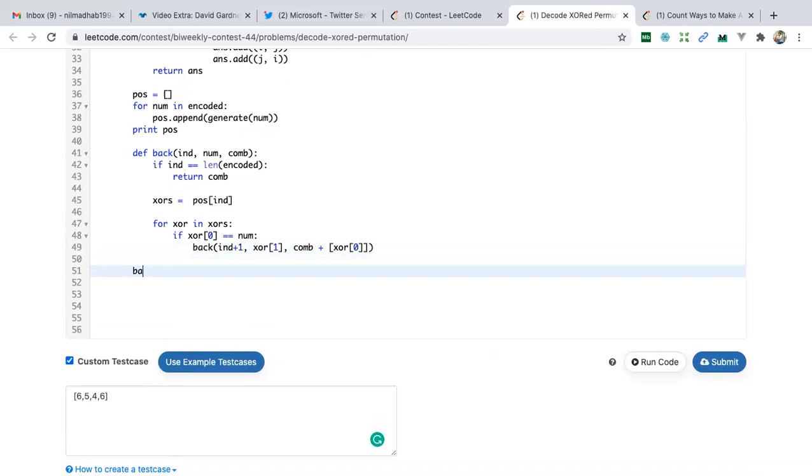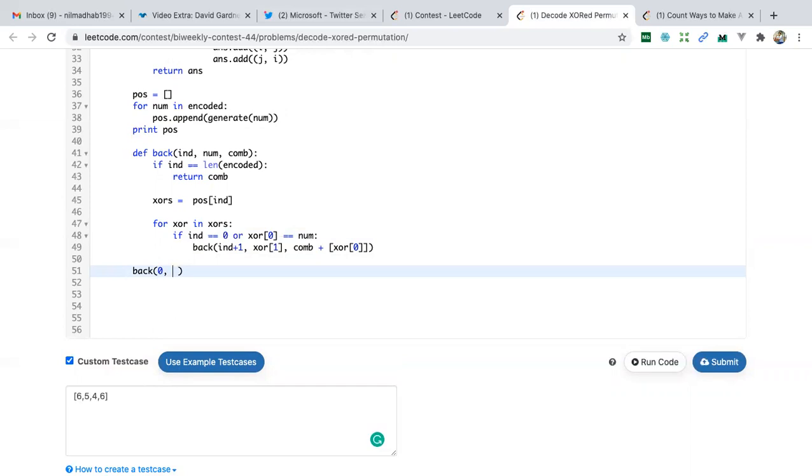So we'll always get the answer. So backtracking will start with index 0. For 0, we have to have a special case because we have to try all the combinations, like if index equal to 0. So backtracking of 0.